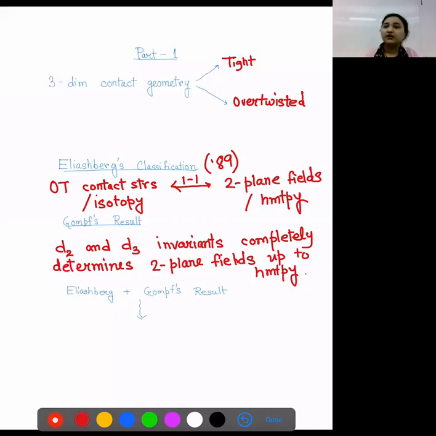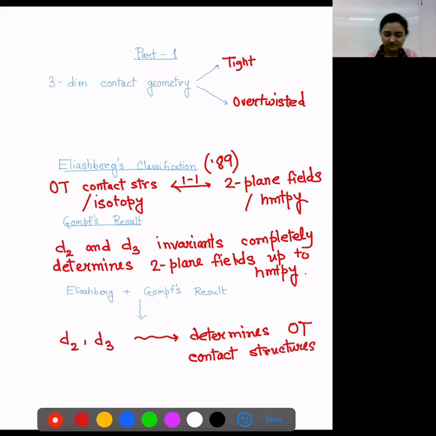Okay, now if we combine Eliashberg and Gompf's results together, these tell us that d2, d3 determine over-twisted contact structures up to isotopy. So we have a complete classification of over-twisted contact structures.